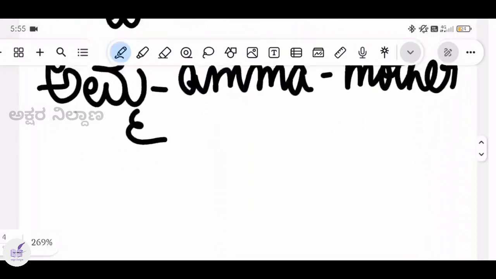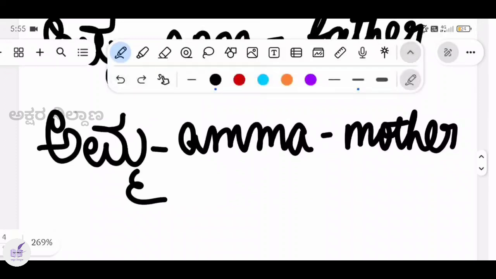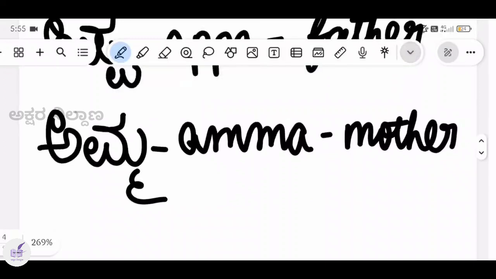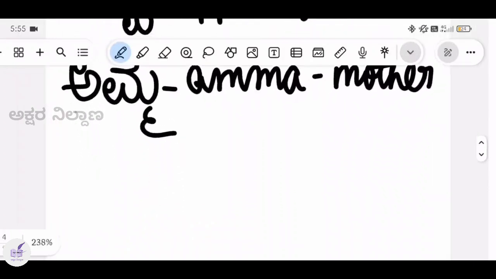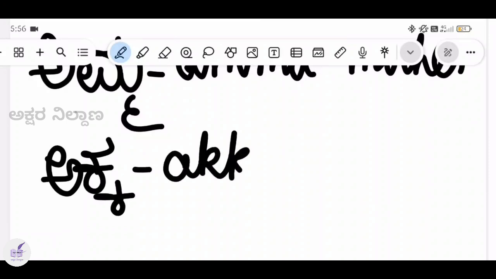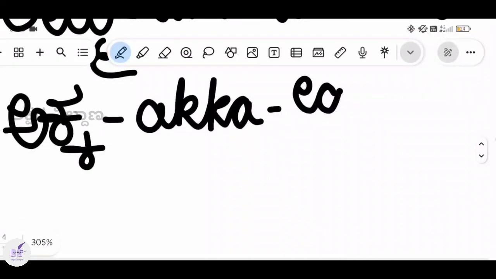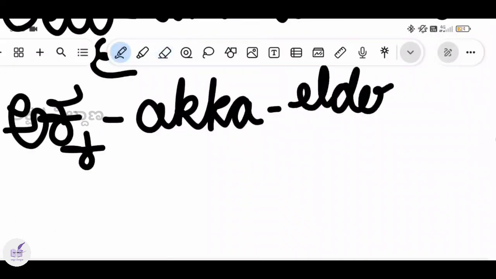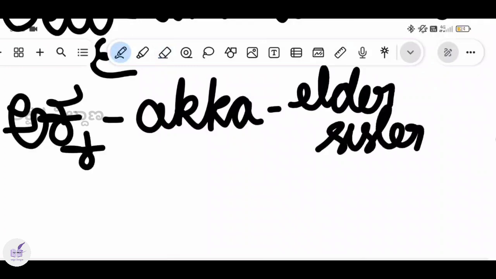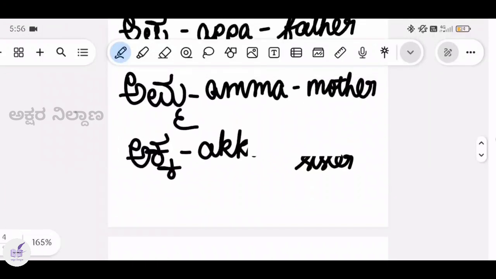In the same way, we learnt what is Akka. I told you in the starting of the session, I took it as an example. Akka is also a Sajati Vattakshara, which means elder sister. I hope you got the concept.